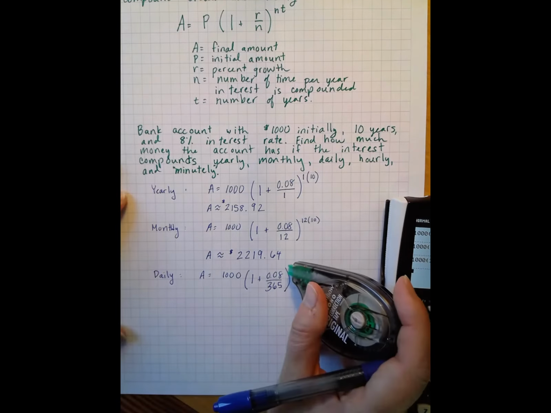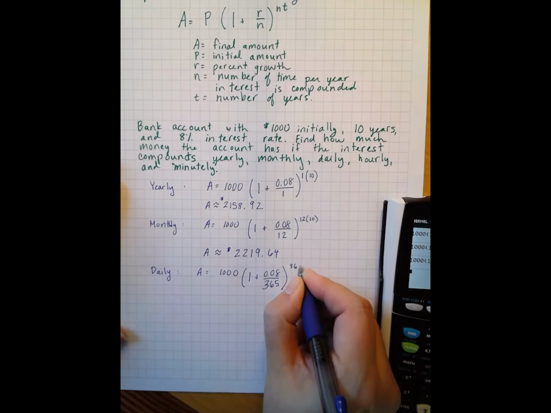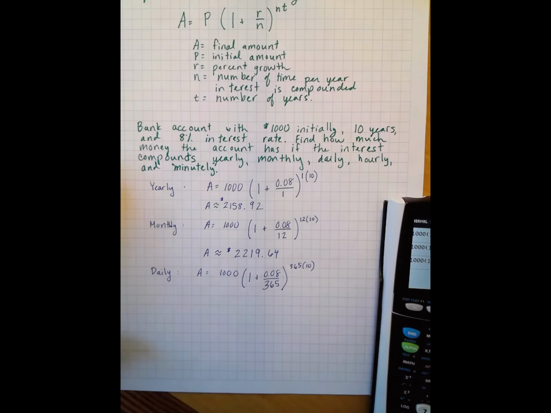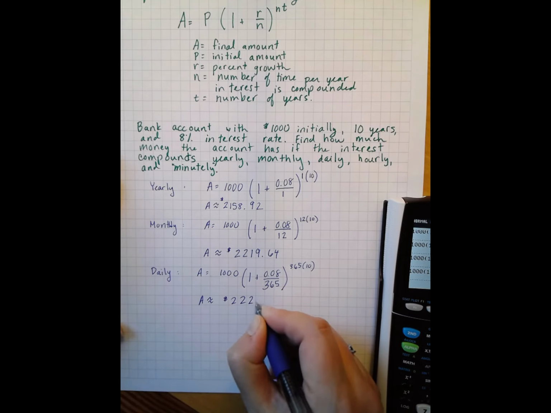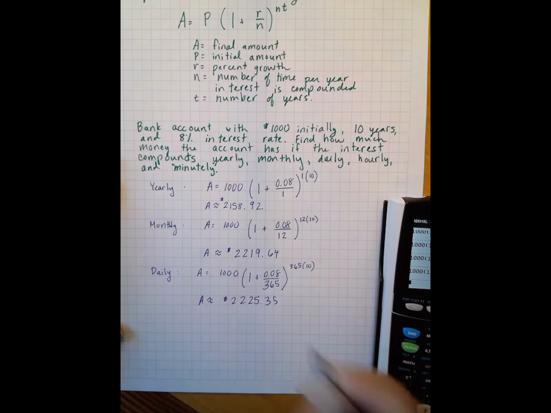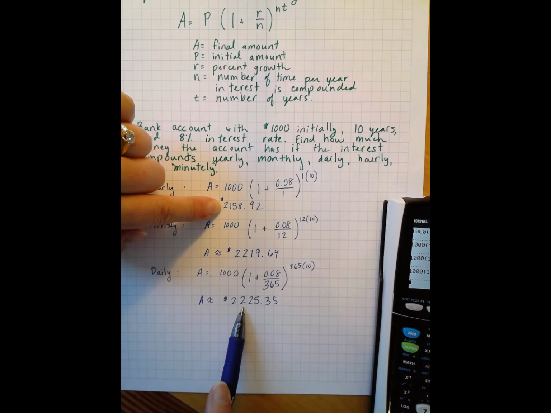Let's fix that. 365 times 10. So again, put that into my calculator. I need to turn my 12 into 365, and my amount is $2,225.35.